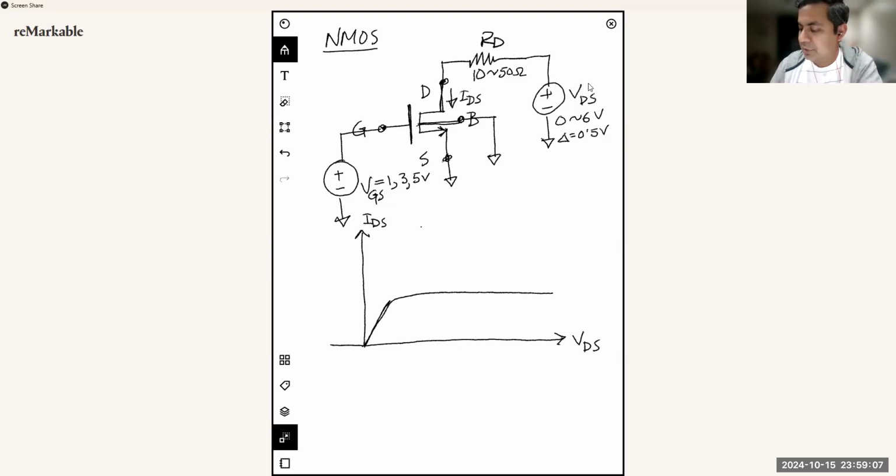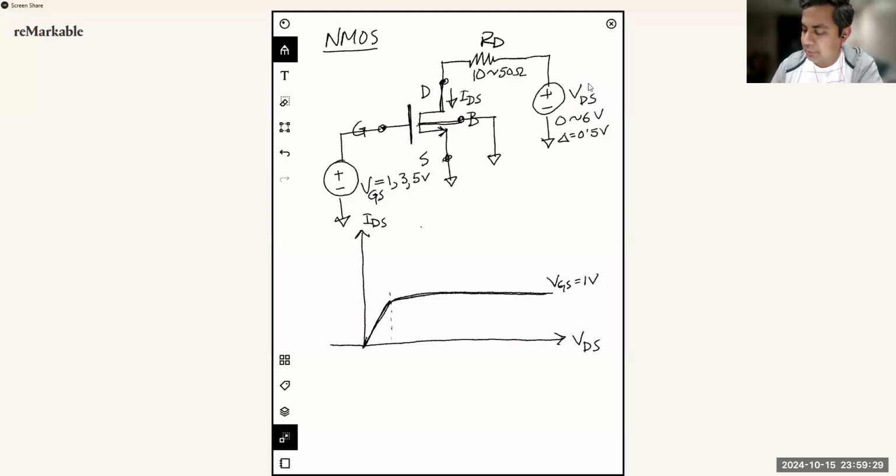For a particular VGS, let's say VGS is set at 1 volt, we will get something like this. I'm using a qualitative plot just to show you the shape of the current. Up to this point it's the linear region, and then it saturates.